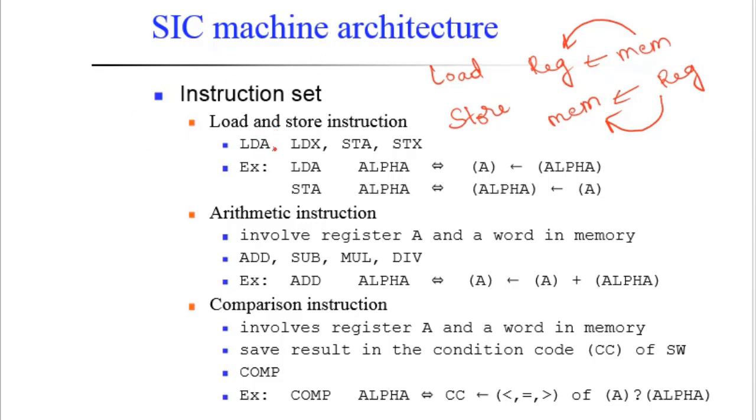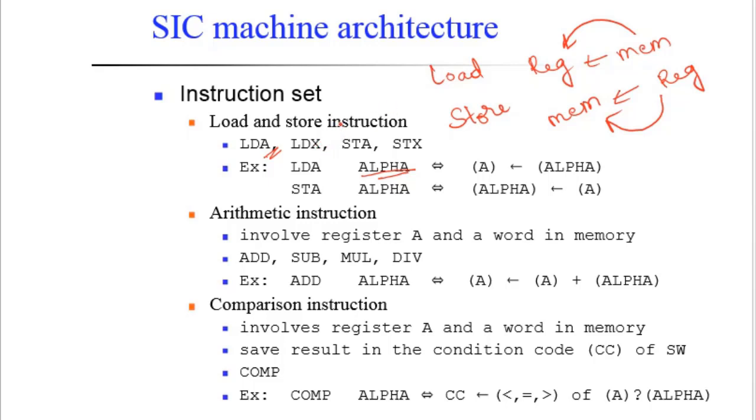Now you can see a few examples available in SIC for performing load and store. LDA stands for load accumulator. Load the accumulator with the memory contents as specified in the instruction. For example, LDA alpha says that alpha is a memory location; load 3 consecutive bytes from alpha to register A. Next I have LDX, which loads the index register from the specified memory location.